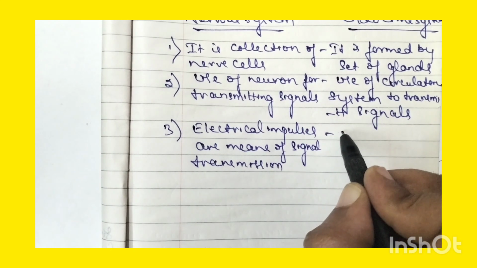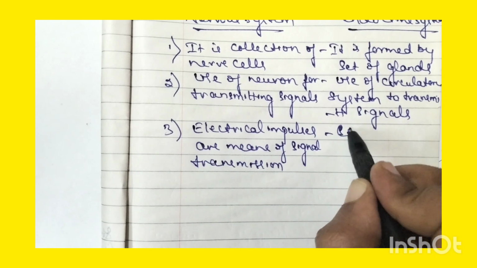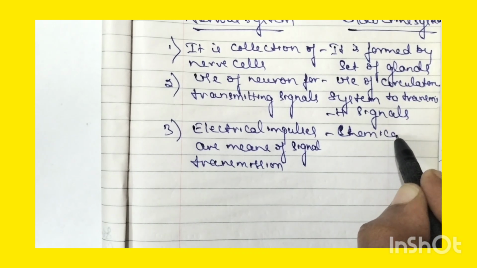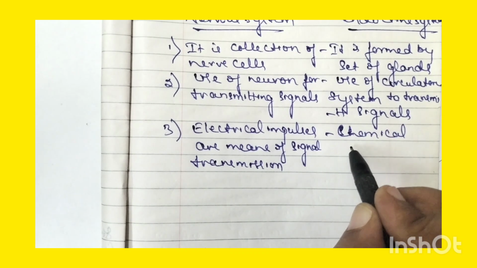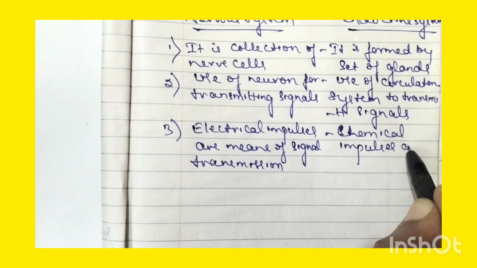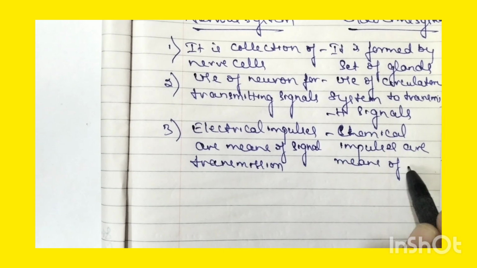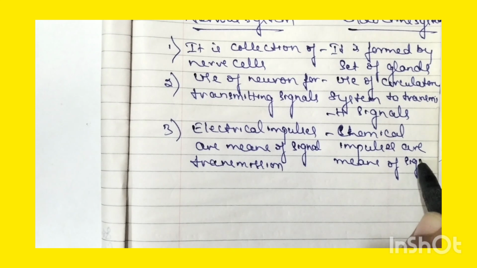On this side, chemical signals in the form of chemical impulses, that we call hormones, are the means of signal transmission.